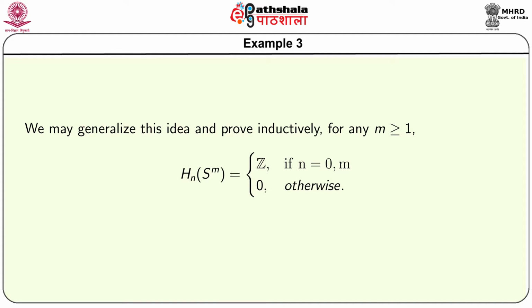Now, we may generalize this idea and prove inductively that for any m greater than or equal to 1, Hn(S^m) is the infinite cyclic group Z when n is equal to 0 or m and 0 otherwise.